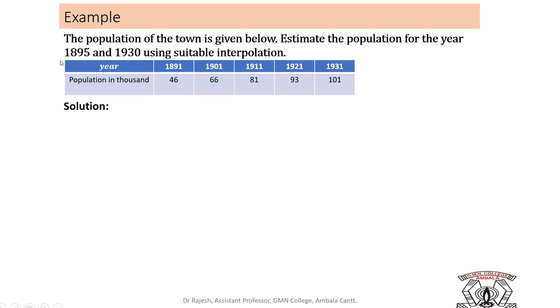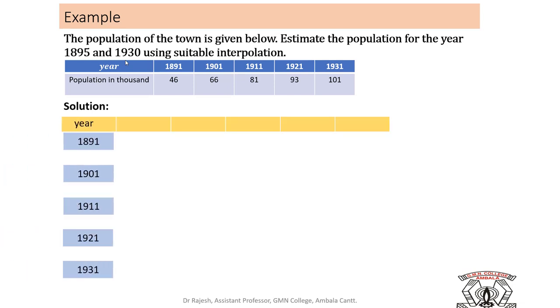If the value which is to be calculated lies near the beginning of the table, you will use the forward difference formula, and if it lies near the end of the table, you will use the backward difference formula.